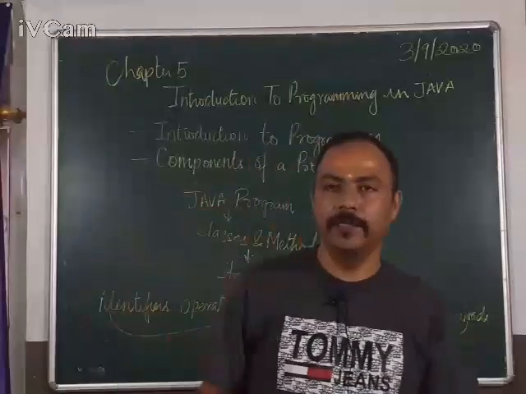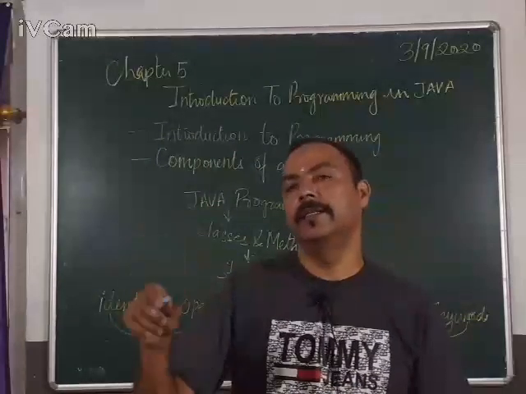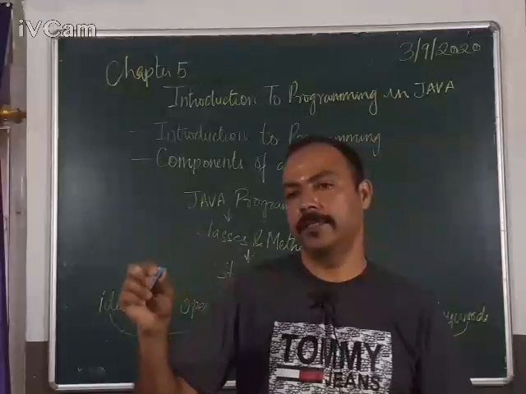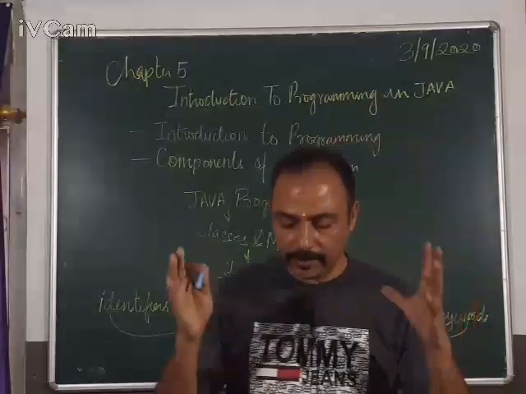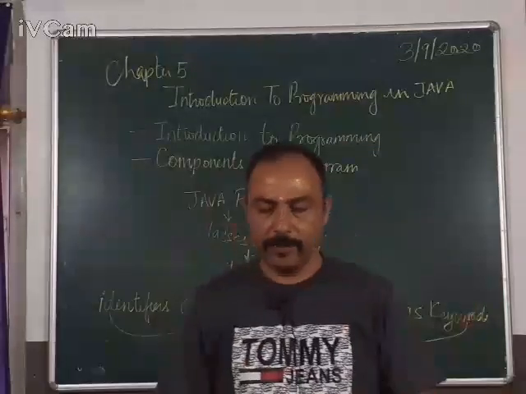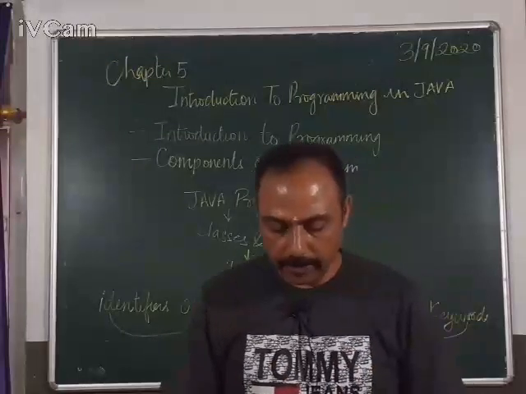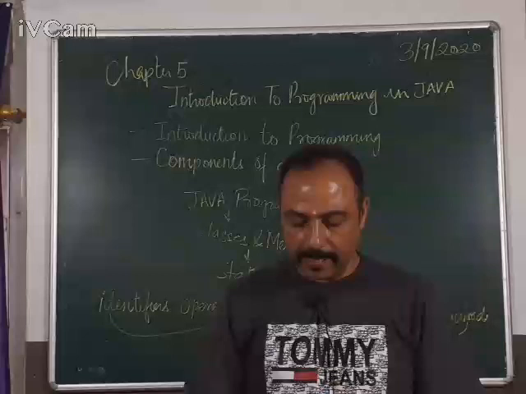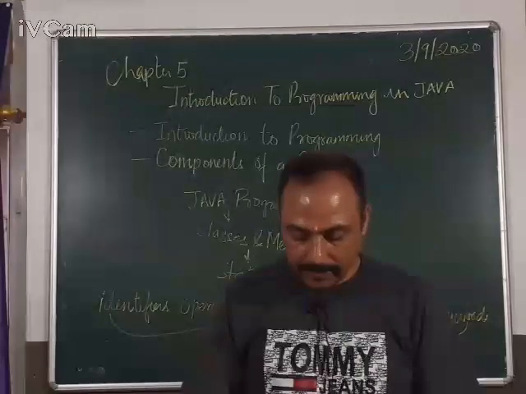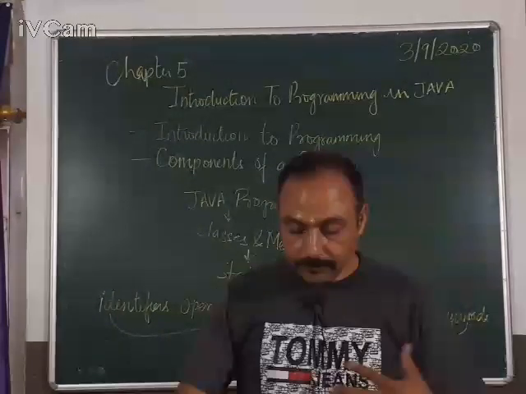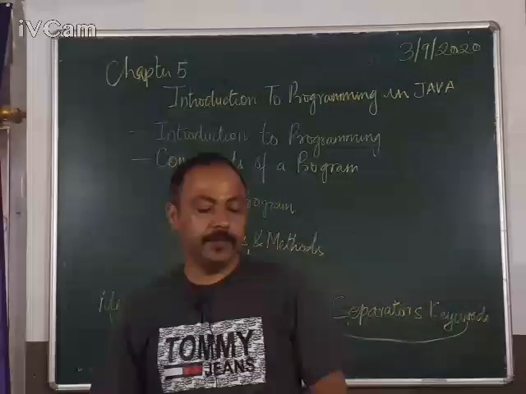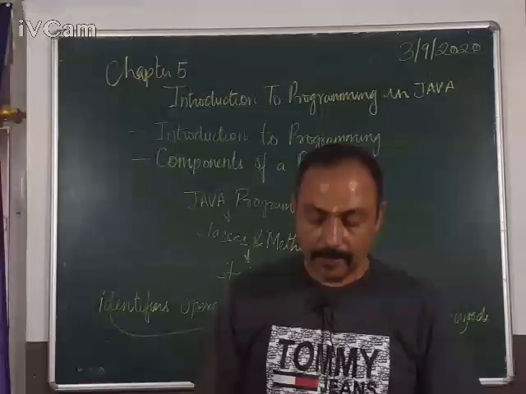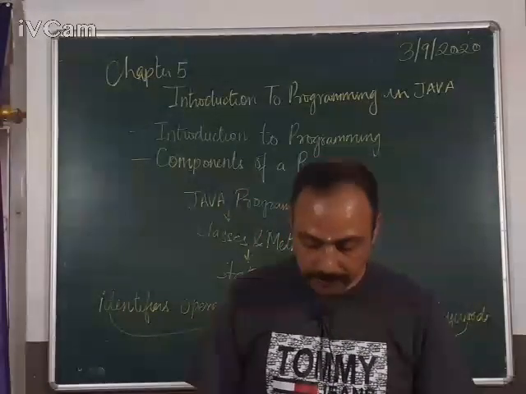And if I have to declare the side, I have to write side square. It should carry some special meaning, and we need to make it out with the help of the name of the identifier. So these are the rules for writing an identifier.